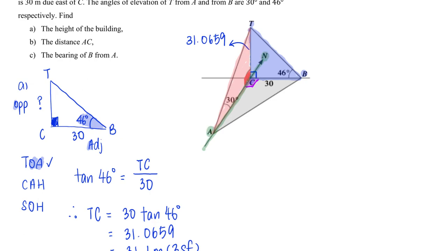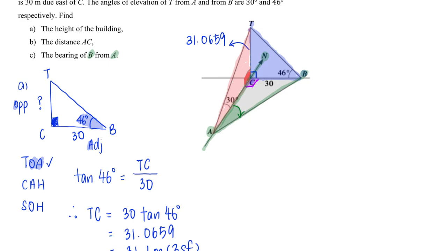From A, the north arrow has been drawn, and from the north arrow, draw in a clockwise direction until it reaches the ending line. The ending line is my line AB. And so this is the bearing that we are required to find.